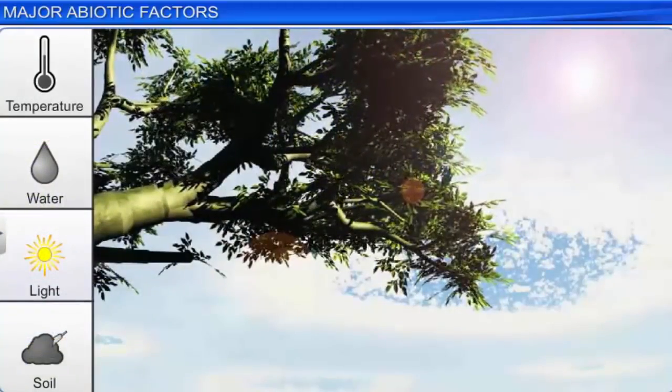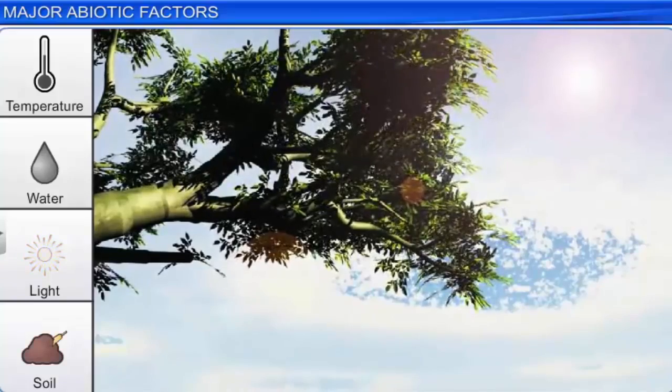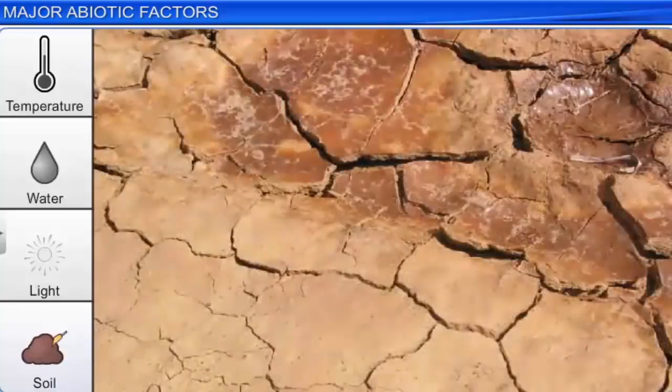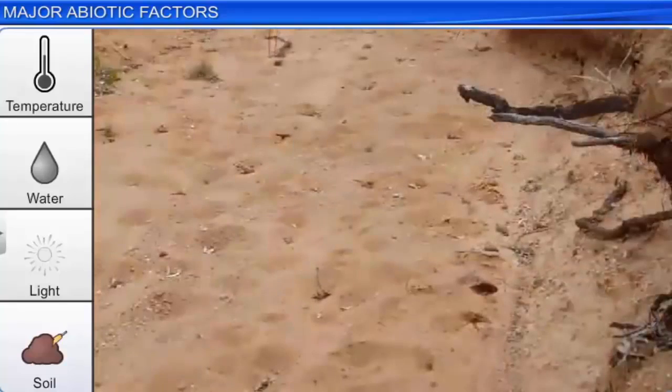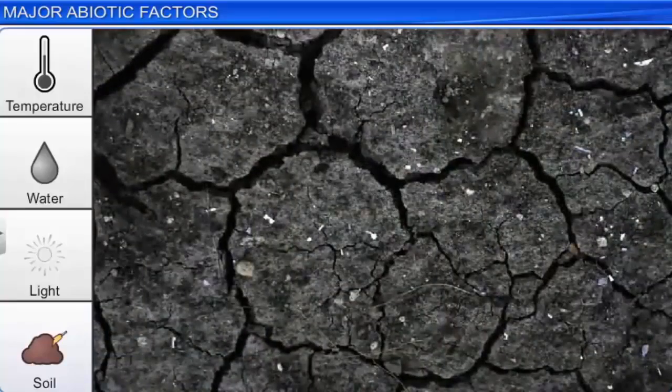Just as plants require light and water for their survival, they also require soil, another important abiotic component. On Earth, the nature and properties of soil varies in different places.